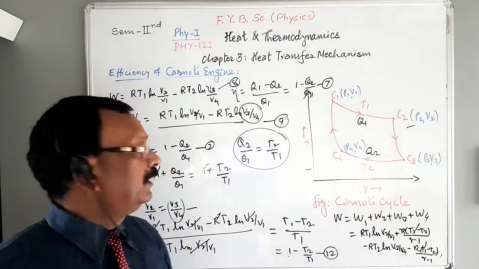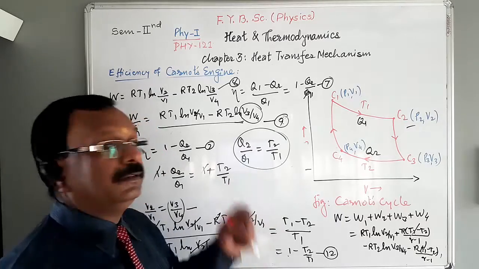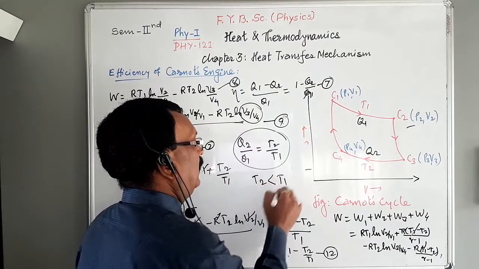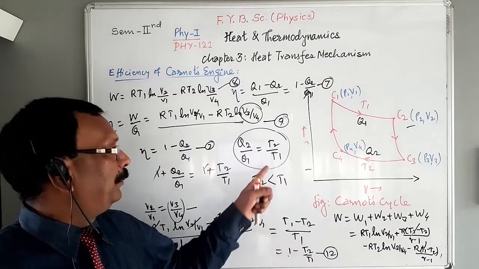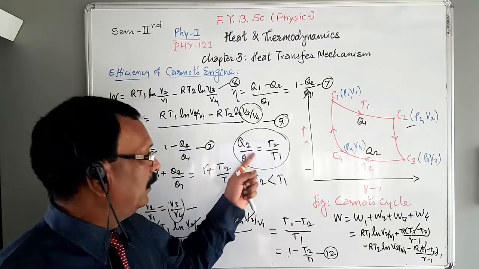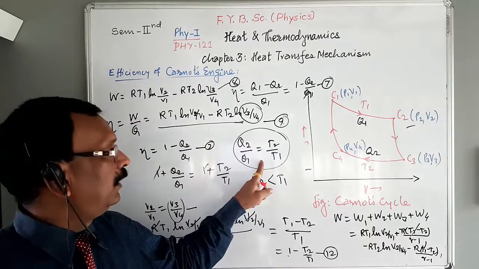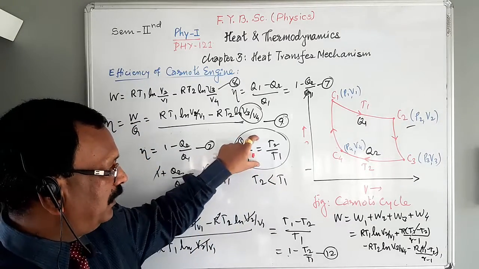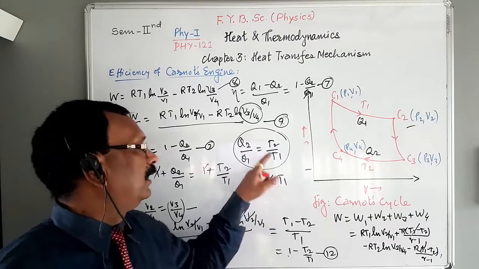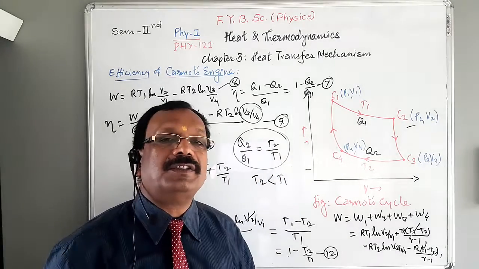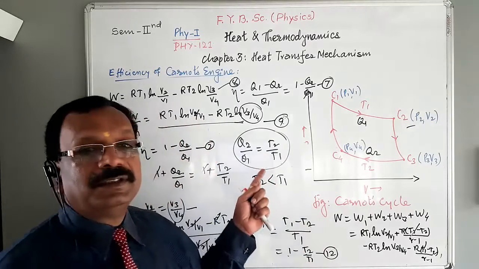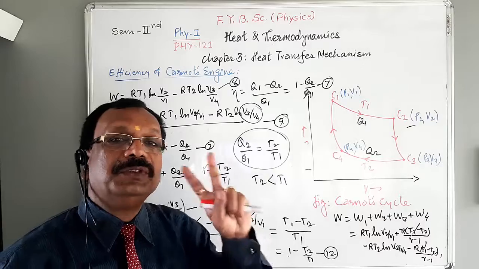When we make the consideration here, as T2 is less than T1, obviously the efficiency of Carnot's engine is less than 1. Thus, from this we find two things.